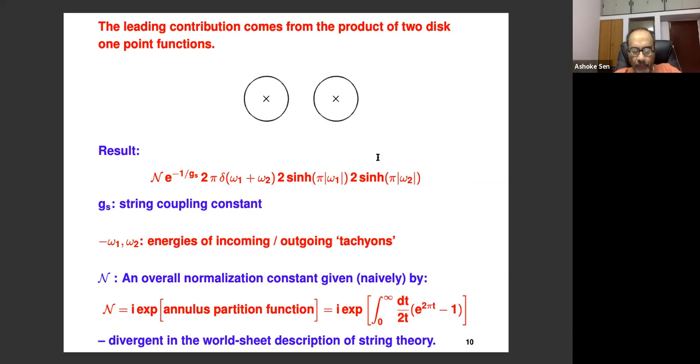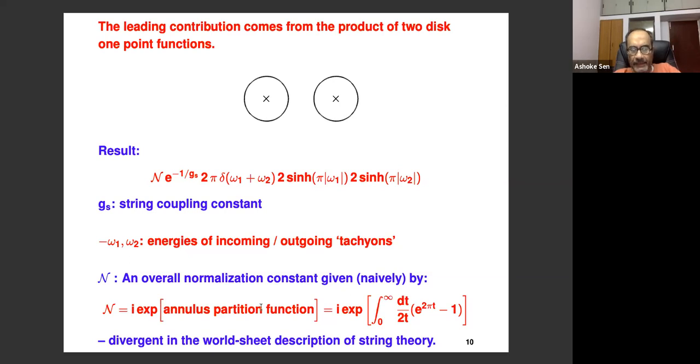The point is that if you take an annulus without any vertex operator, then because it has Euler number 0, it goes as gs to the 0. So you can multiply this product of two disk one-point functions by any number of annulus zero-point functions. They don't cost factors of gs. So you really have to resum the sum over all possible insertions of the annuli, and that's this exponential of the annulus partition function.